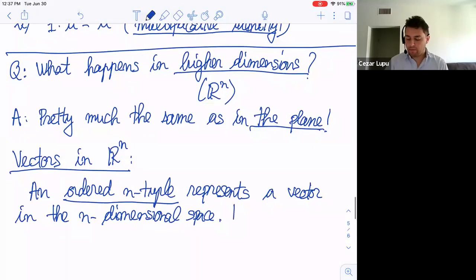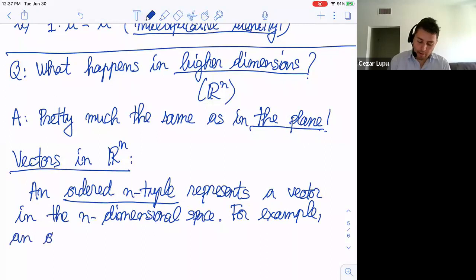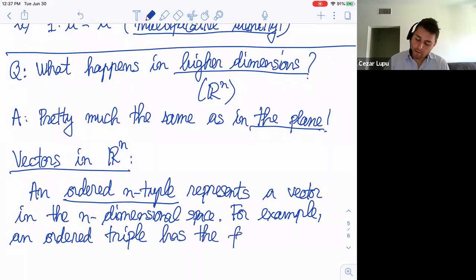For example, an ordered triple, let's say, has the form x1, x2, and x3, right? So these are the three components.